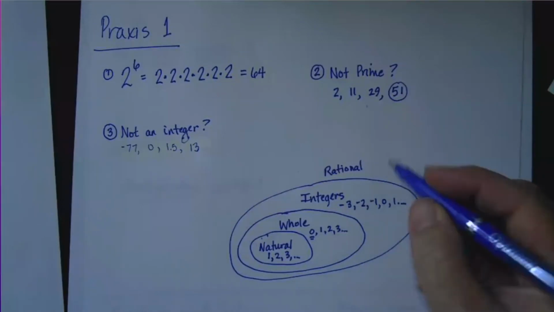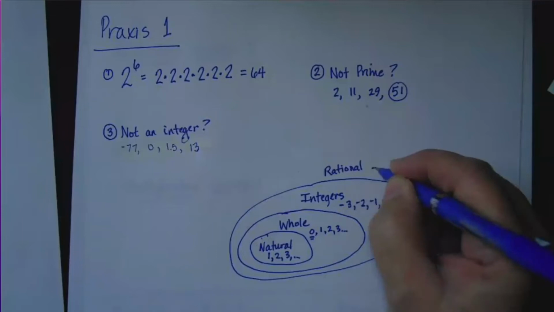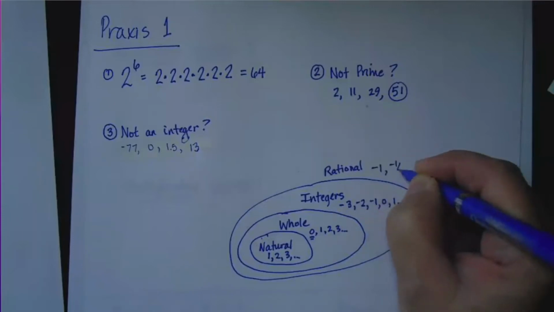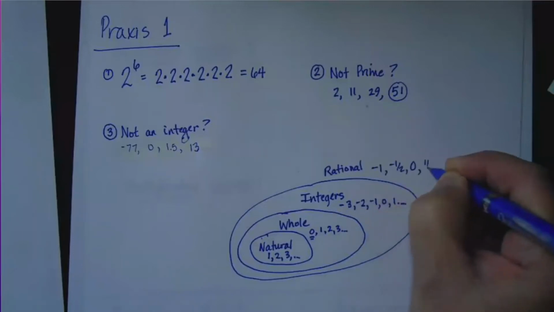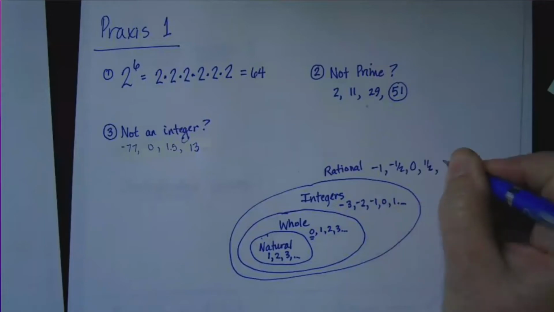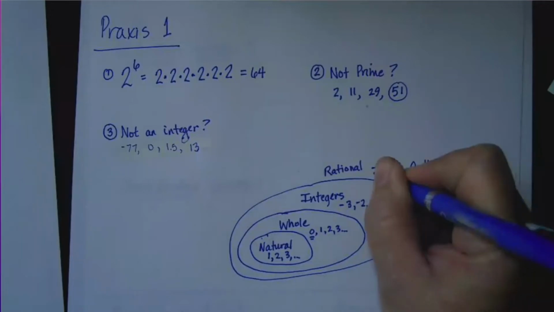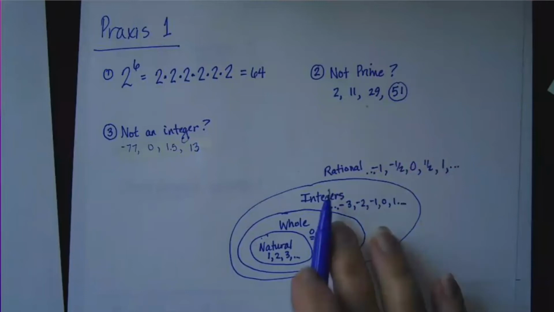So the numbers include -1, -1/2, 0, 1/2, 1, etc., in both directions, negative infinity to positive infinity.